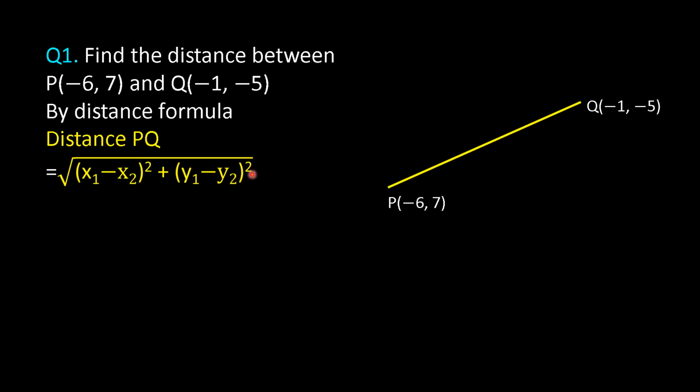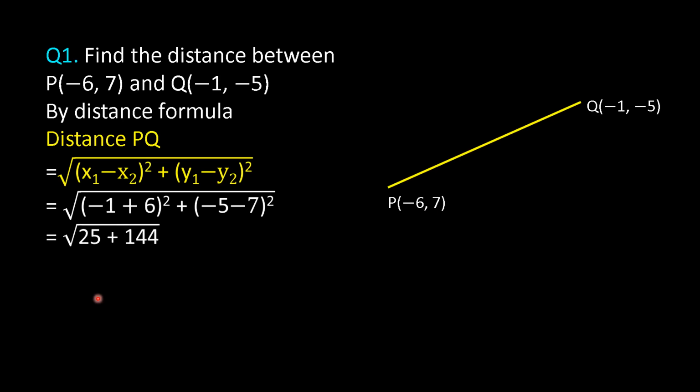We will substitute the values, which will be (minus 1 plus 6) whole square plus (minus 5 minus 7) whole square, which will be under root 25 plus 144, that is square root 169. Hence, the distance PQ will be 13 units.